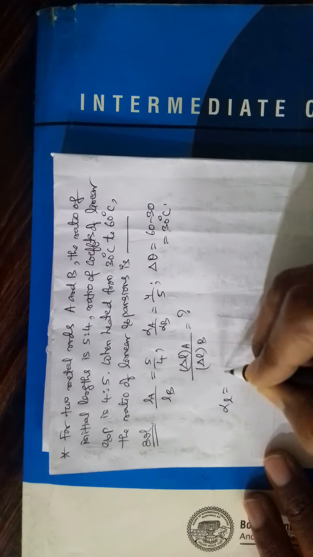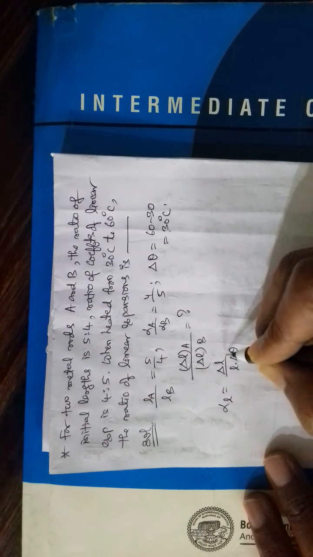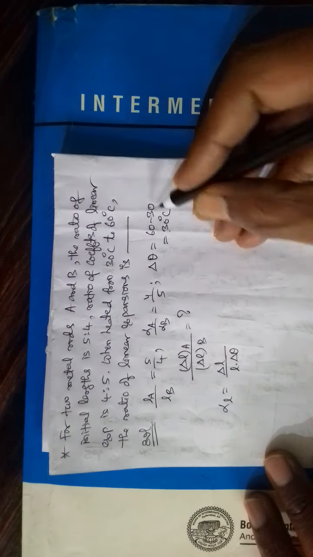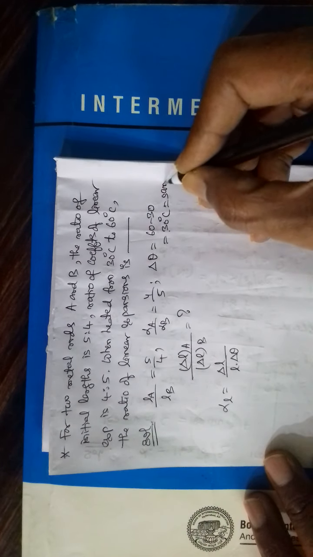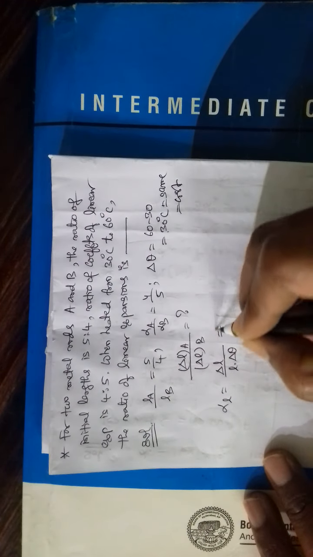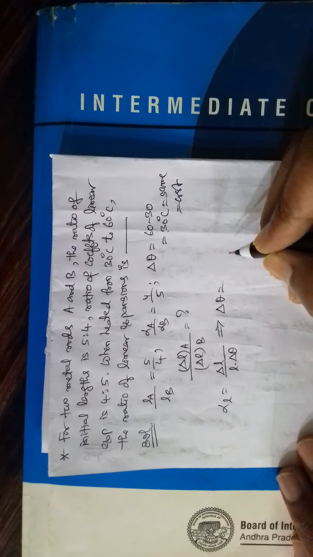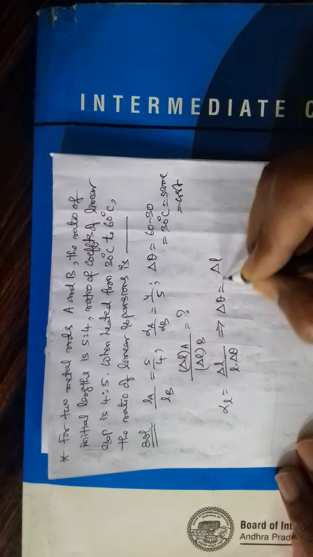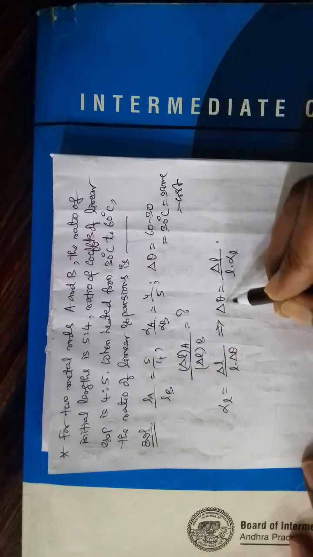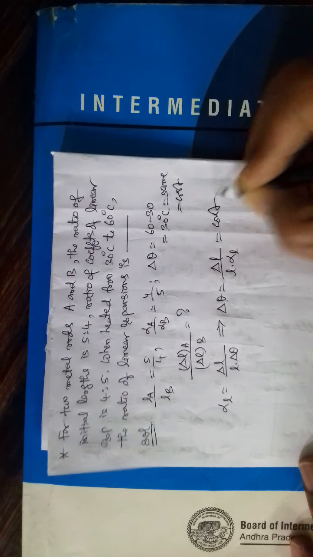Now alpha L is equal to change in L by original L into delta theta. For both rods, delta theta is same. That is constant. So from this, let us make delta theta subject. Delta L by L into alpha L. So delta theta is common to both, therefore delta theta is constant.